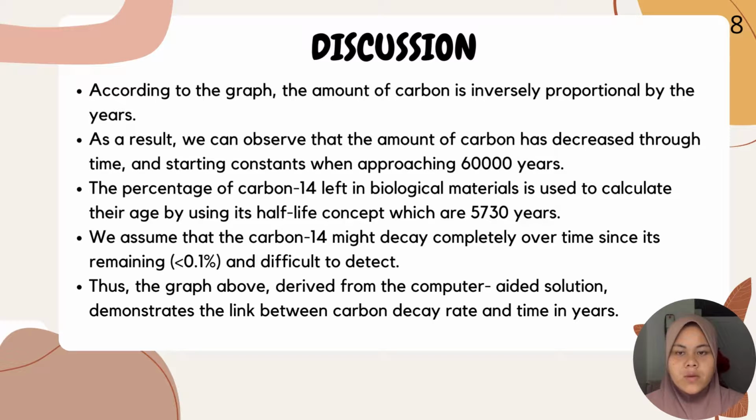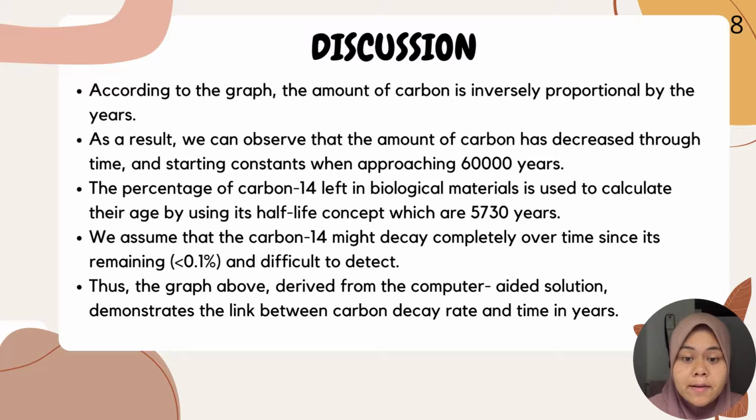As a result, we can observe that the amount of carbon has decreased through time and becomes constant when approaching 60,000 years. The percentage of carbon-14 left in biological materials is used to calculate their age by using the half-life concept, which is 5,730 years.